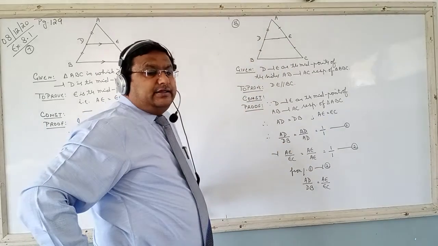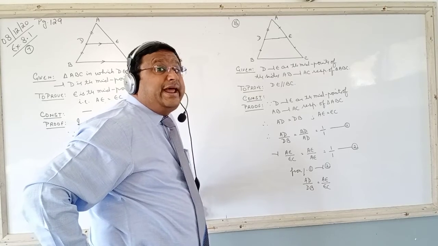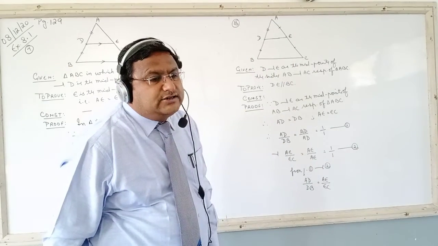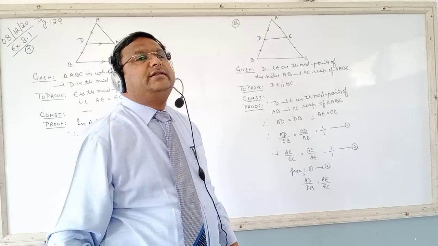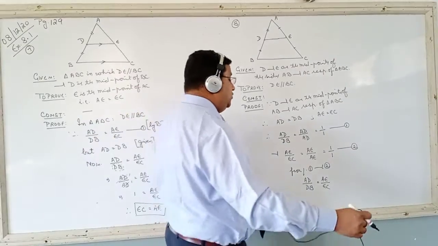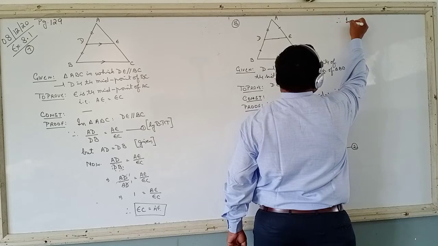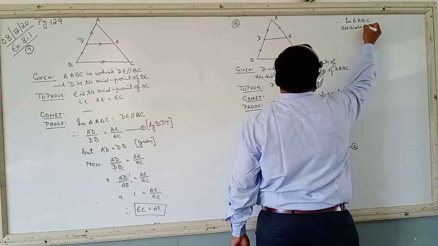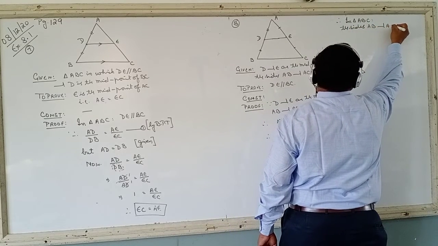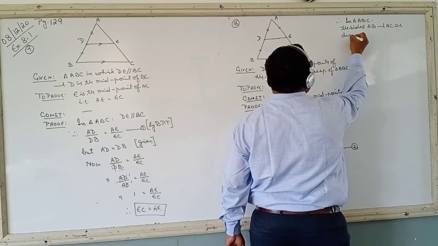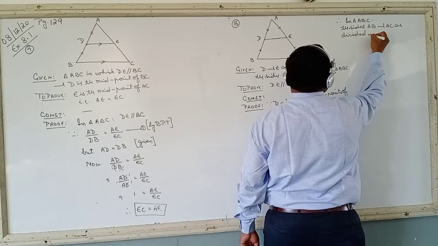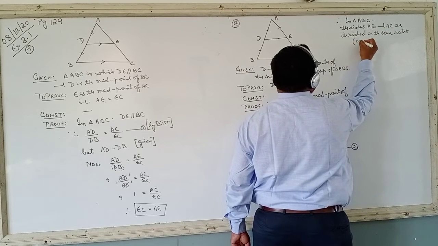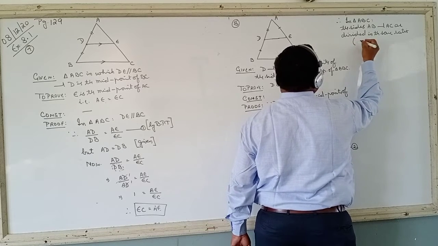If these two sides are divided in the same ratio, then the line is parallel to the third side by converse of BPT. In the previous two questions also we have done the same. Isn't it? By converse of BPT. So therefore, in triangle ABC, the sides AB and AC are divided in the same ratio, where in equation number 3 you can see.